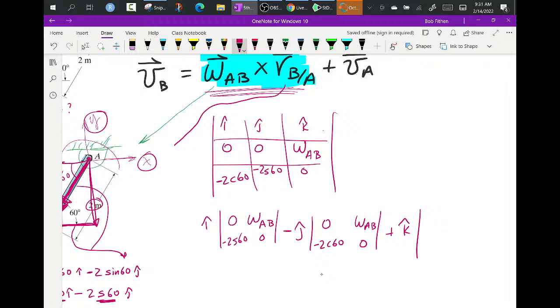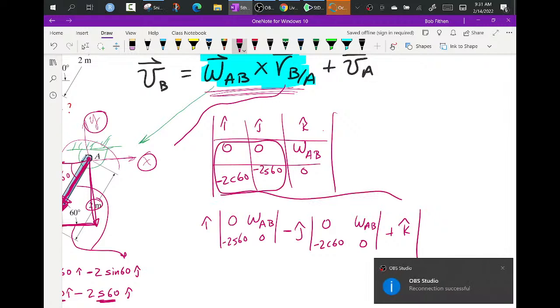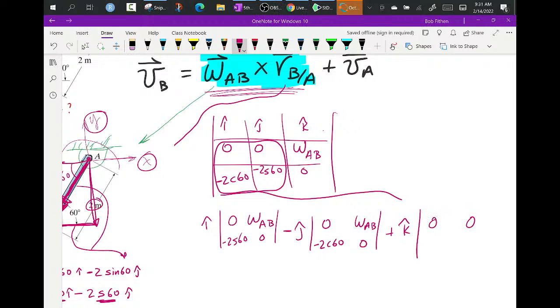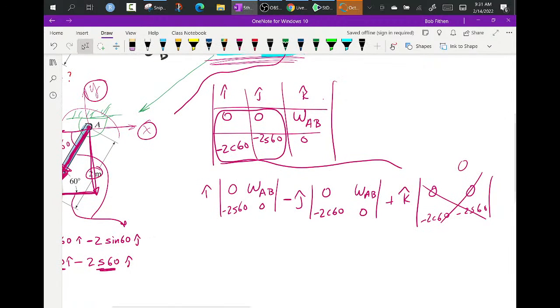And then this last one, which, if you haven't noticed, every... okay, we're reconnected. Minus 2 cosine 60, minus 2 sine of 60. That's always 0. So what I'll end up with is minus 2, okay, plus minus. This one is a plus sign and this is a minus sign.